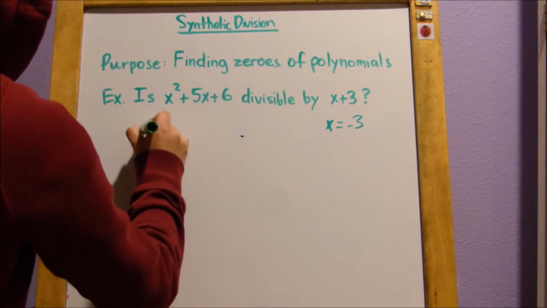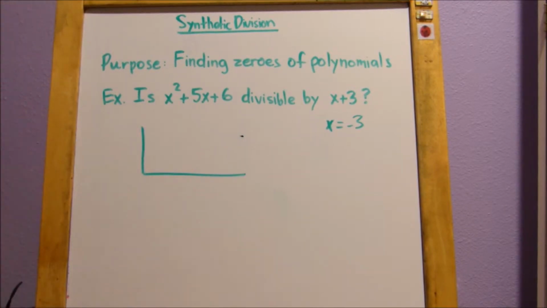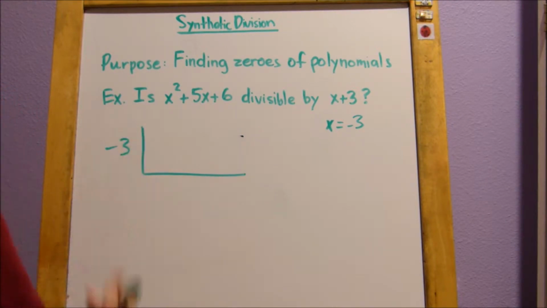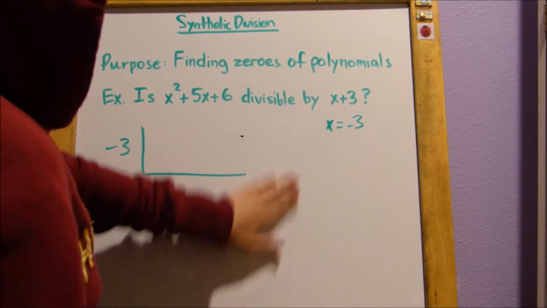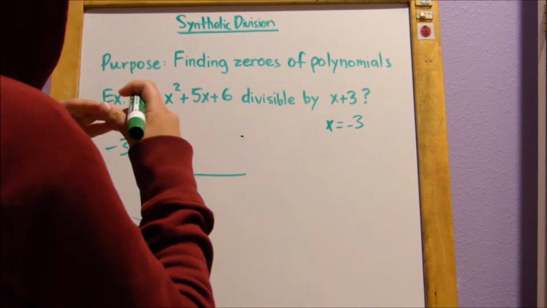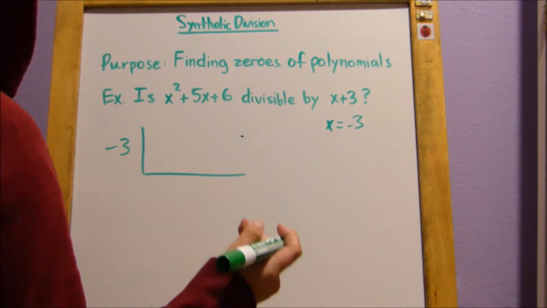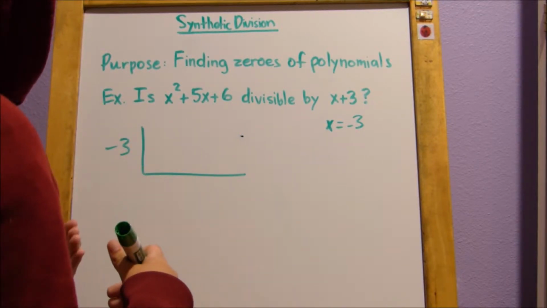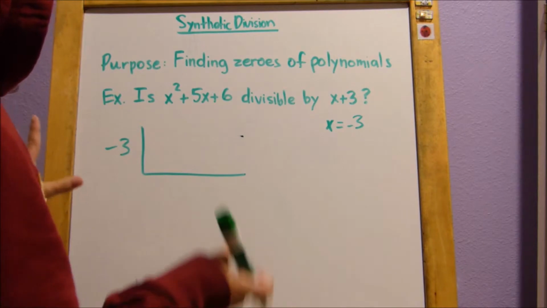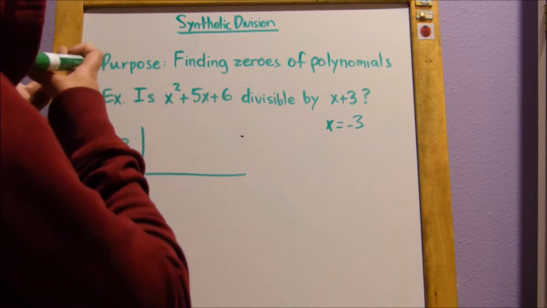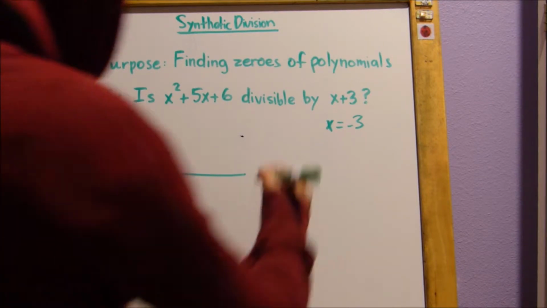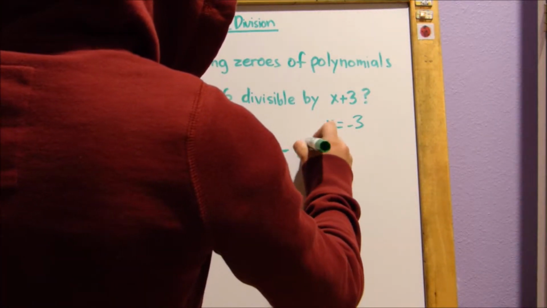So, we start off with just this little L-shaped thing, and since our root is negative 3, we put this here. The way I like to think of it is that you're going to want to write the function you're dividing by in terms of x minus a number.